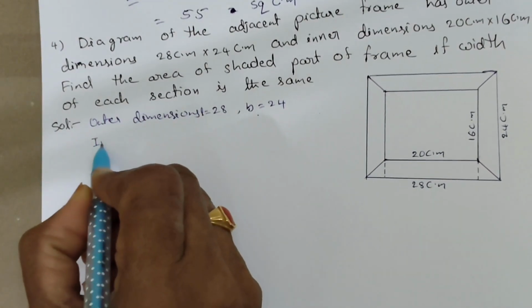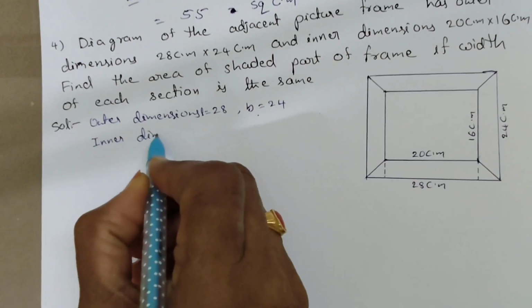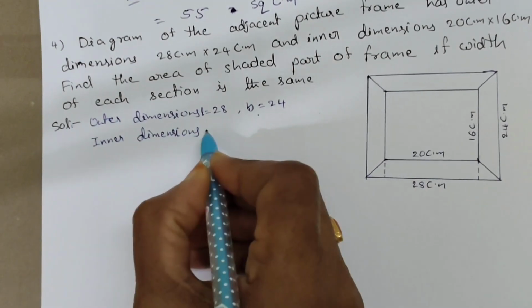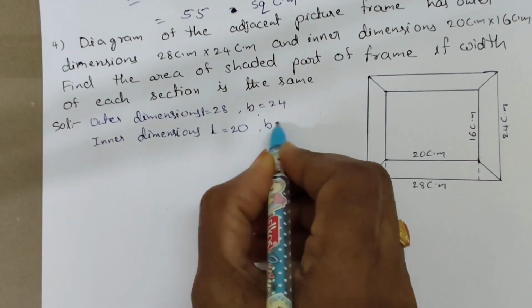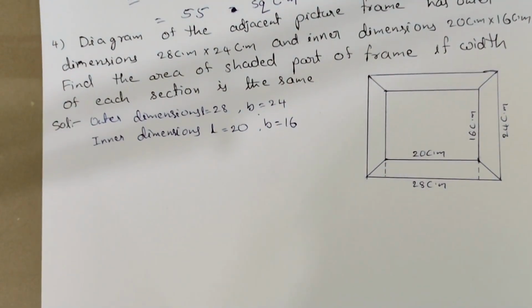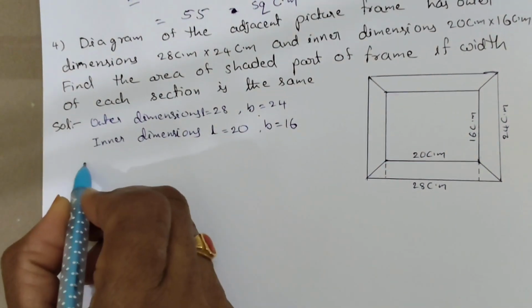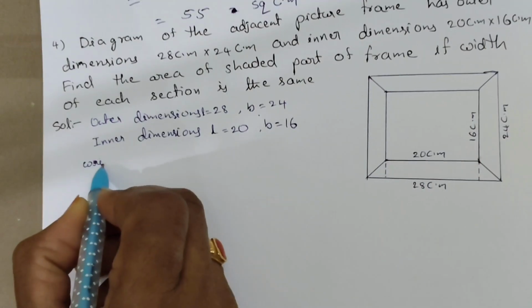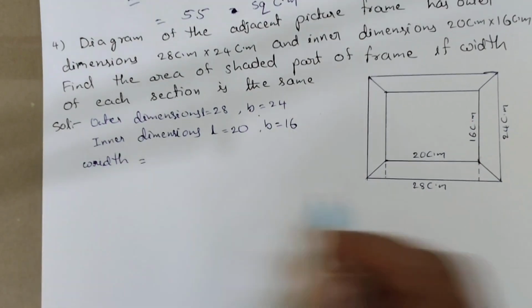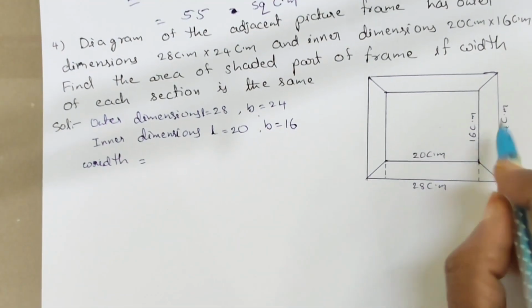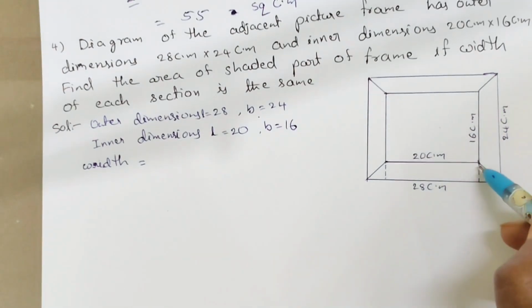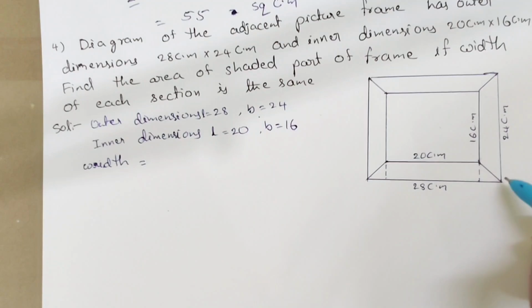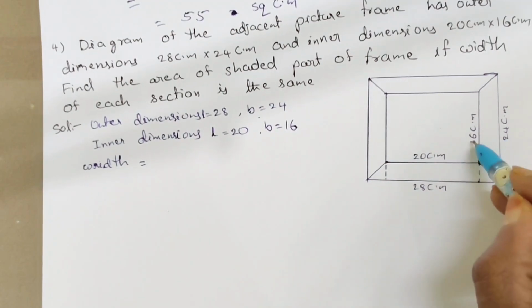Now we write the inner dimensions: 20 into 16, length equal to 20 and width equal to 16. So now we find the width. Here width means this length. So this length, suppose here to here plus here to here, equals 24 minus 16.